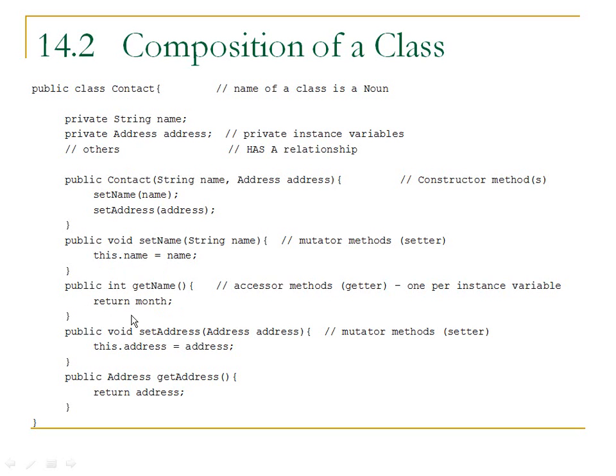But I think you can probably still do this, and I won't have to go back and fix this and repeat it. You return the data type of the instance variable, and the instance variable of name is String, so the return data type here should be String, and the variable we're returning should be the name.